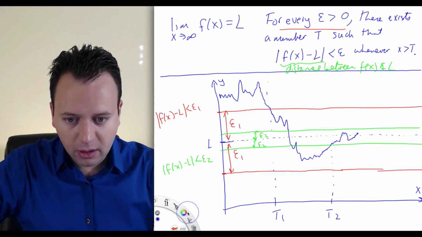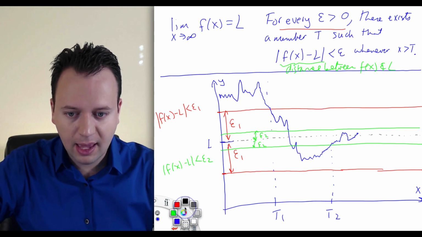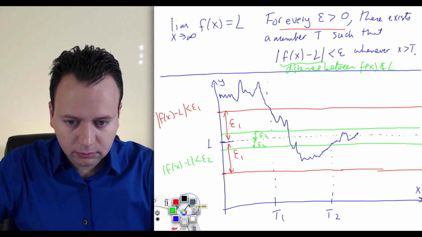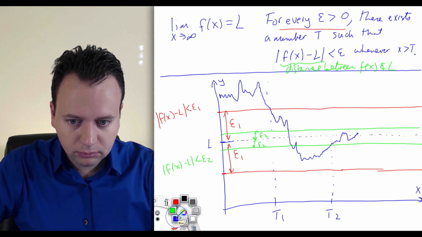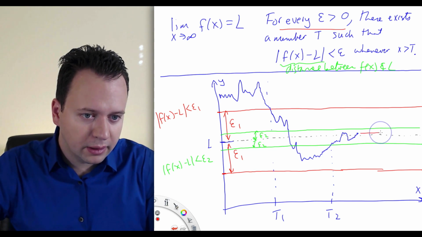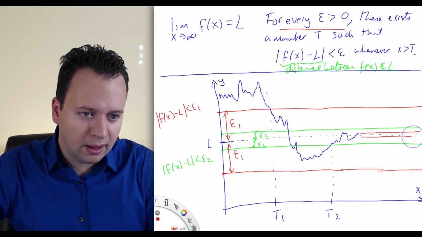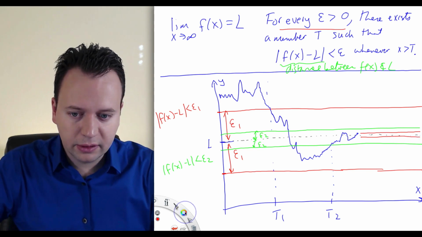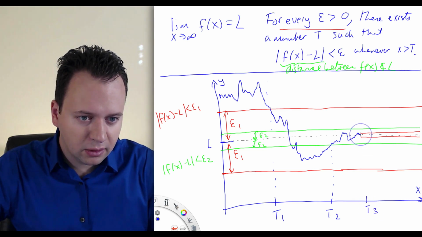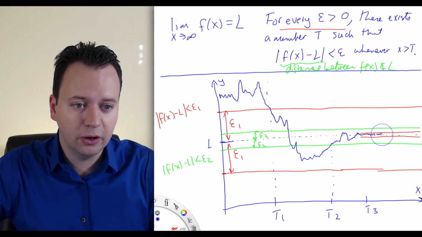So if I do another tube yet again, let's do another red tube, why not? Very, very close to y is equal to L. There's going to be yet another value of t such that the y values will never leave that smaller tube for values of x greater than t3.